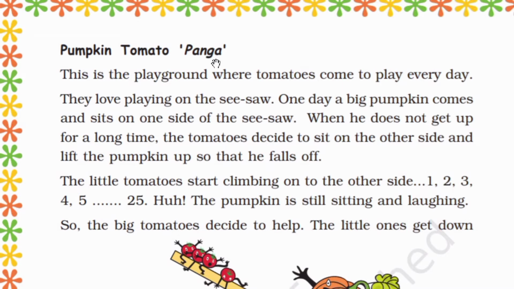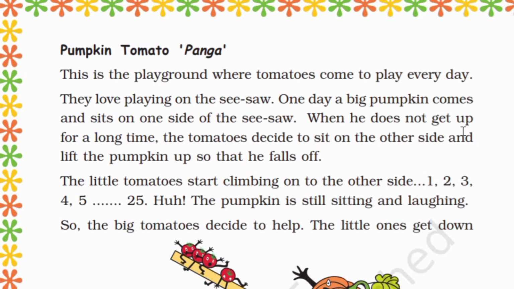Pumpkin, tomato, panga. This is the playground where tomatoes come to play every day. They love playing on the seesaw. One day, a big pumpkin comes and sits on one side of the seesaw.